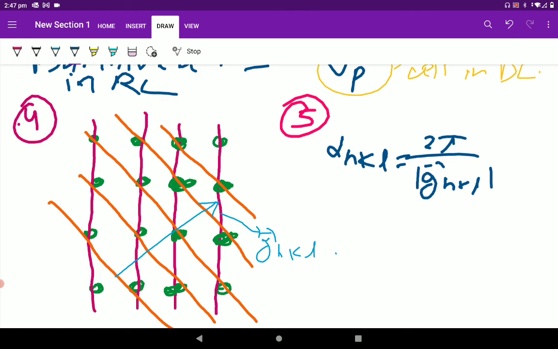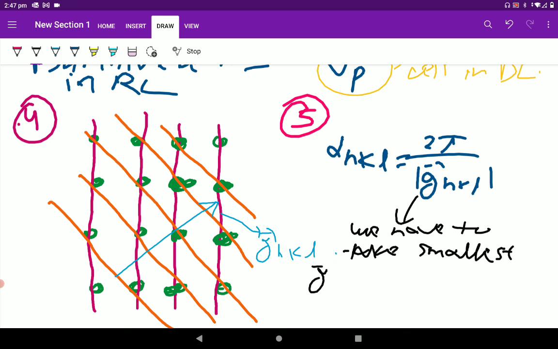We have to take the smallest reciprocal vector perpendicular to the plane, that is the one which has the smallest Miller indices. So this marks the completion of the reciprocal lattice. So for now, thank you.